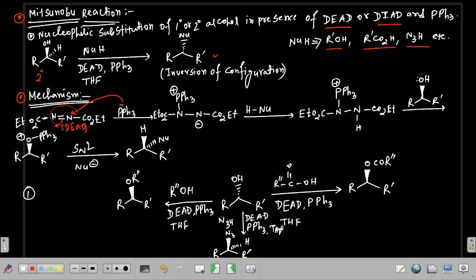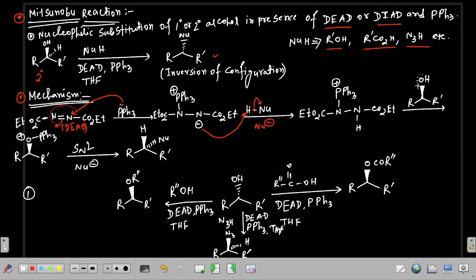Now it is a nucleophilic species acting as a base, so it abstracts the proton associated with the nucleophile, forming the nucleophile minus. After this it forms this intermediate.